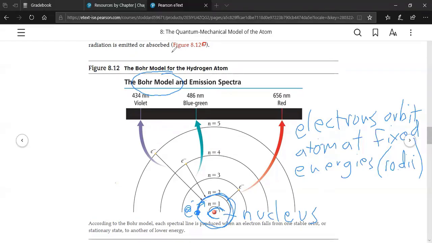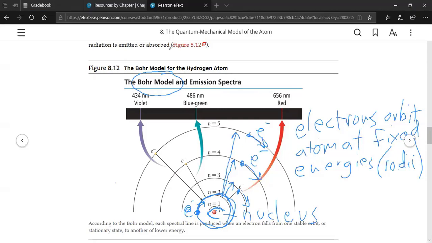And then the next one represents another electron. Here they have a picture of it, and the electron here is also moving in a circle. This next line also can represent an electron that's moving. So each one of these circles is representing an orbit for an electron, but at different distances away from the nucleus. All these are different distances.